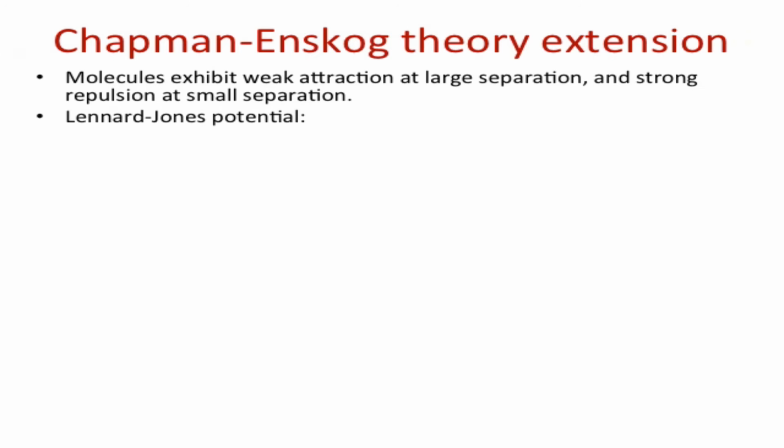Okay? We actually know that as molecules are far from each other, there are attractive forces. As they get too close, then they will start to repulse each other. That's some sort of self-preservation, you could think about it that way. And there is some sort of critical distance in between that somewhat depends on the molecular size, okay?